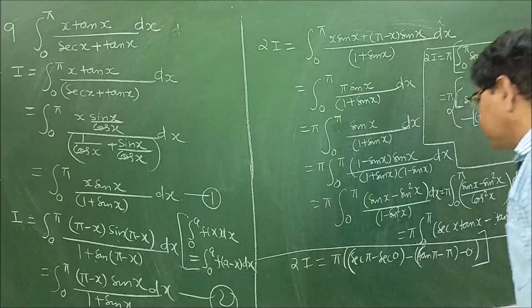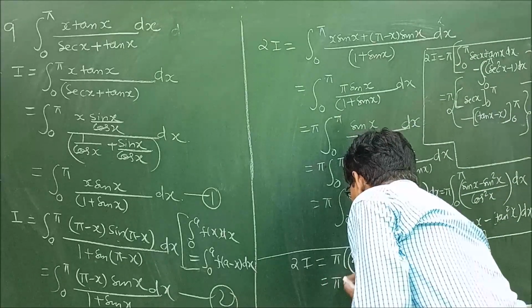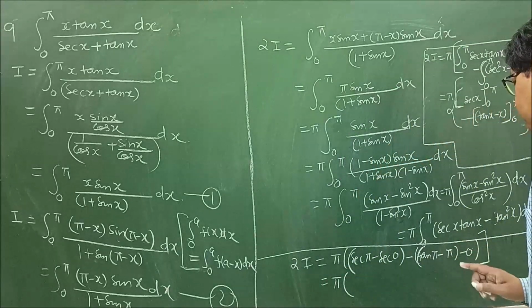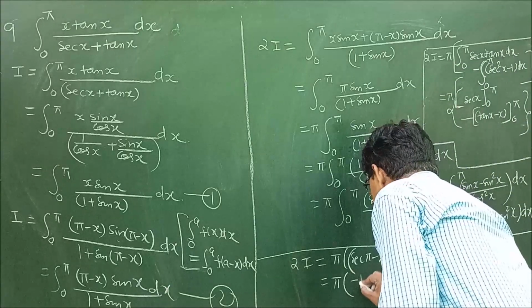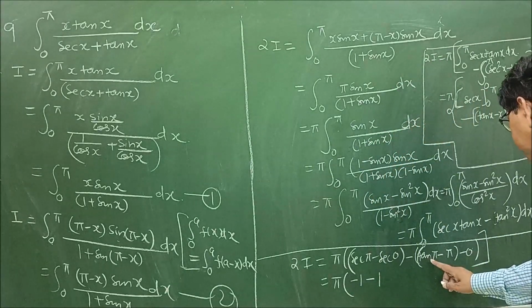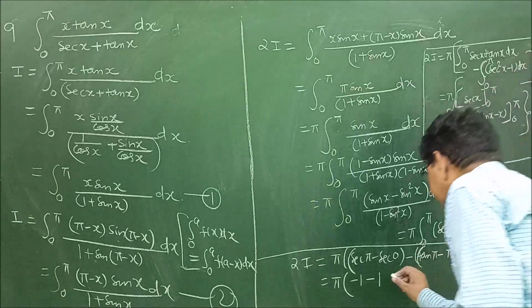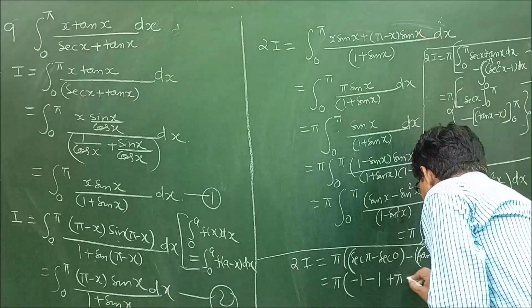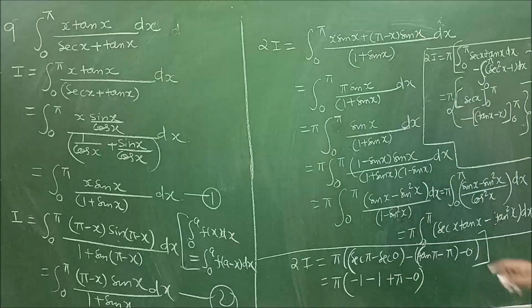So this is equal to pi into the value of sec pi is minus 1, and the value of tan pi is 0 plus pi minus 0, that is pi minus 2.